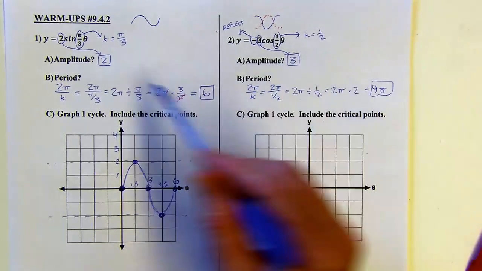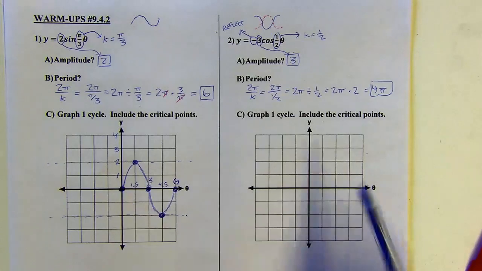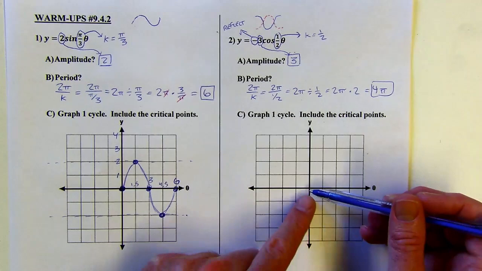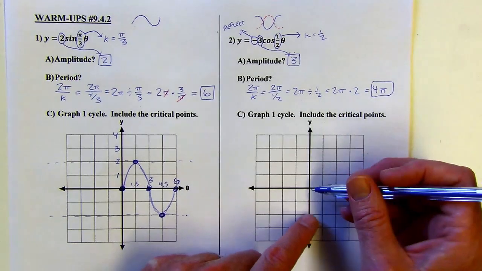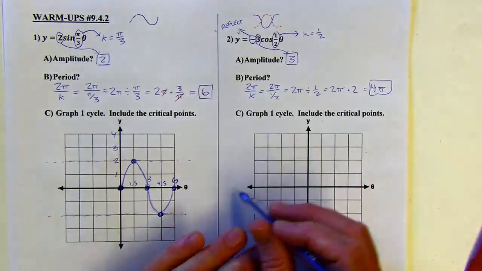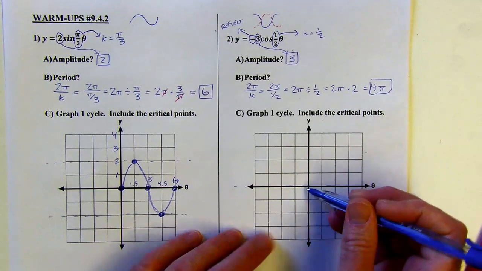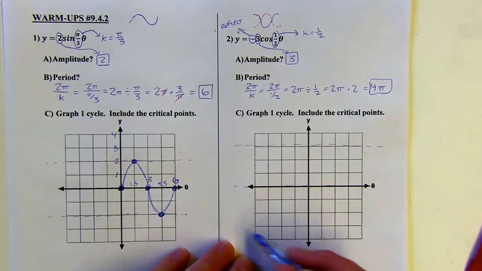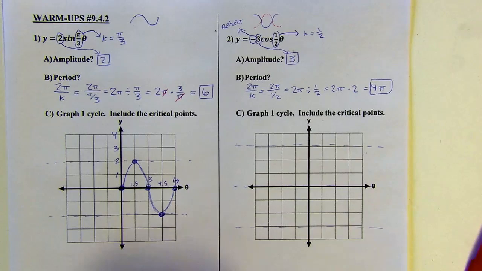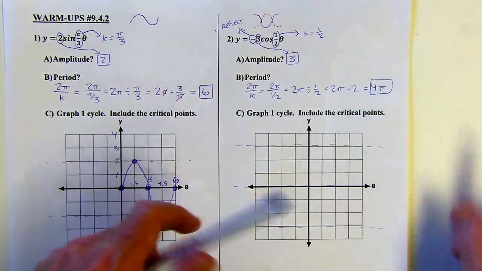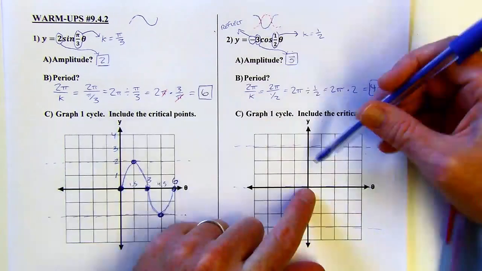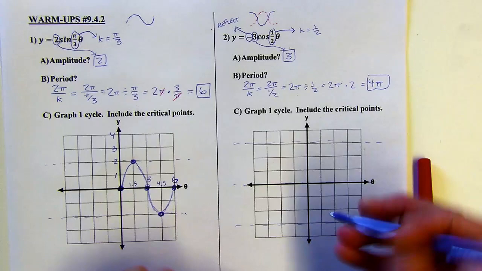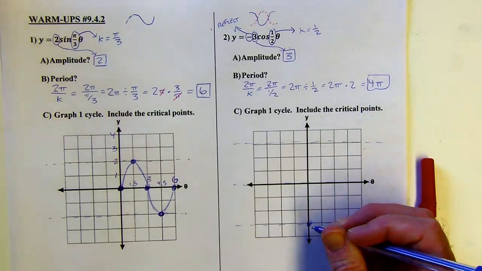So with a sine curve, you're going to start at the origin, but with cosine, you're not going to start on the origin typically. I'm looking at the amplitude. So if this was my midline here, the amplitude is 3, so I'm going to go 3 units above to make a little line as a guide, and 3 units below the origin like that. Okay. And if there wasn't the reflection, I'd be starting up here, but there is a reflection, so I want to start down here actually.